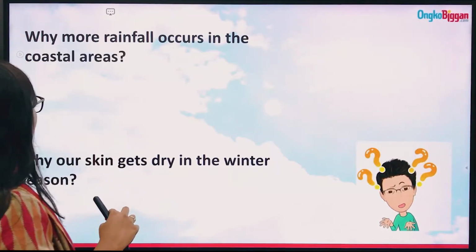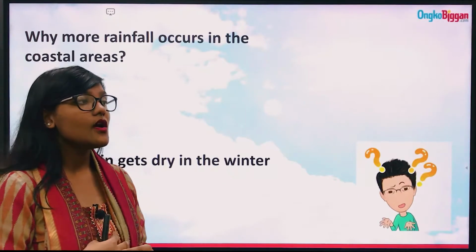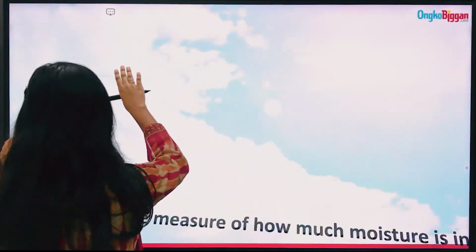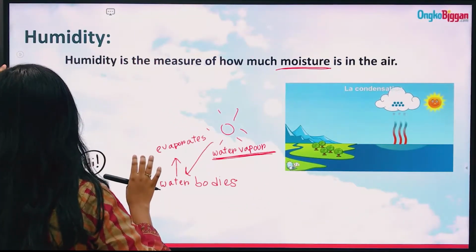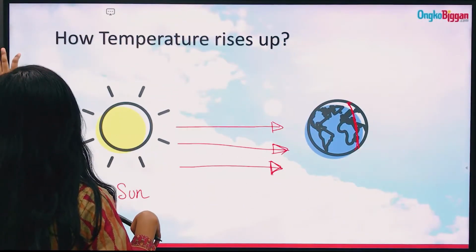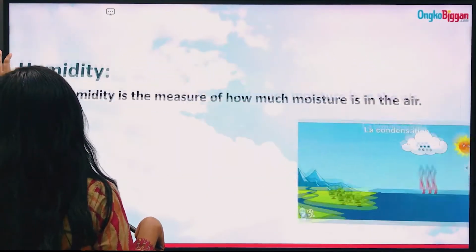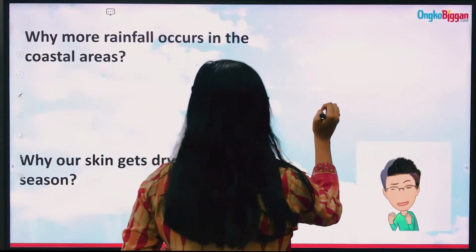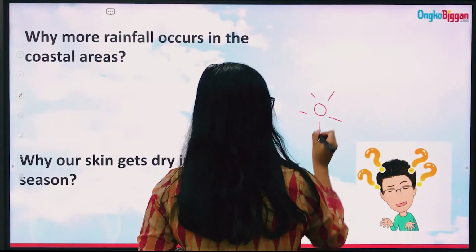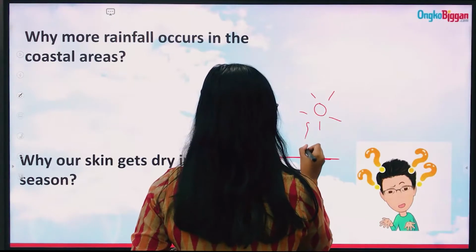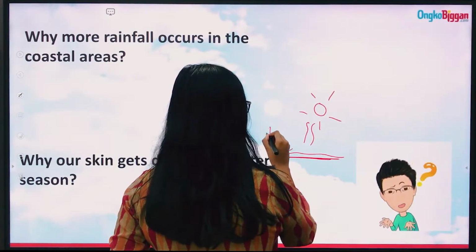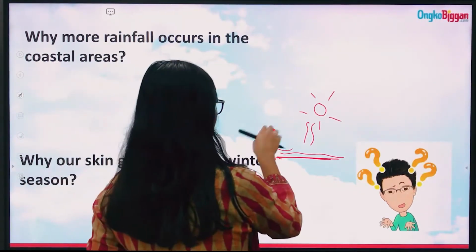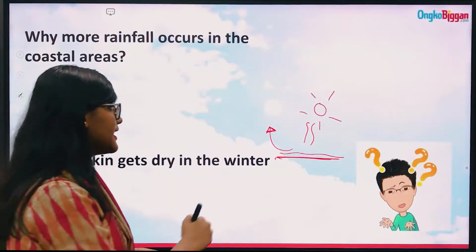We have learned that humidity is the measure of water vapor in the atmosphere. The sun directly heats up the water bodies, and from the water bodies the water turns into water vapor and accumulates in the atmosphere.